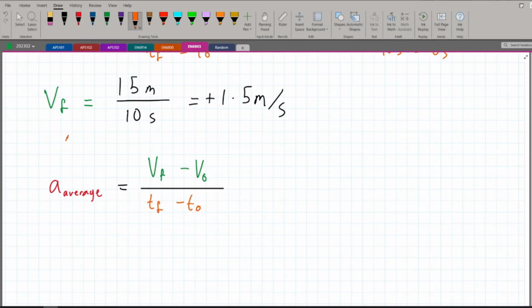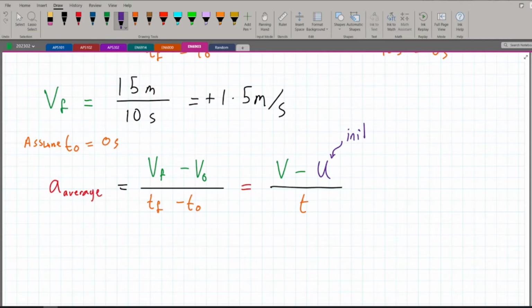Most of the time, t initial is assumed to be equal to 0 unless mentioned. So we're just going to keep assuming that the initial time is equal to 0 unless it is specifically mentioned. So this equation can be rewritten in the following way. It can be written as v minus u over t, where u is the initial velocity.